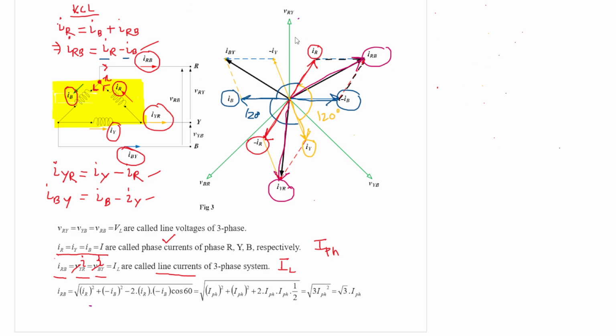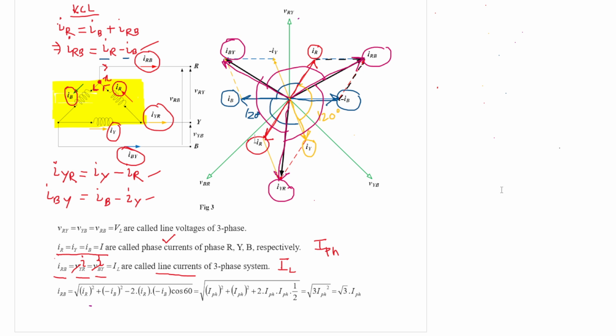And with the same logic, we can get a similar phasor representation of IBY. So the line current phasors are also 120 degree phase displaced with respect to each other.